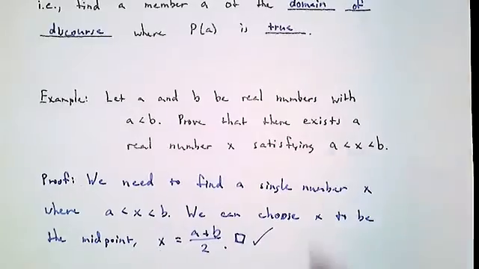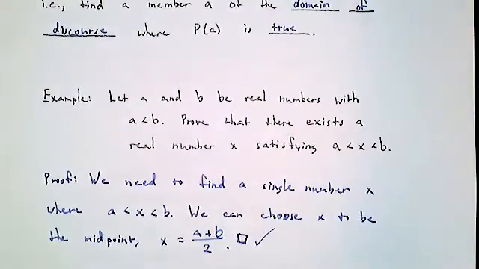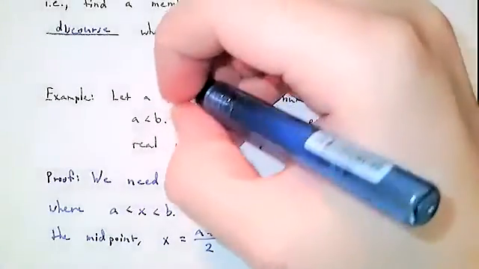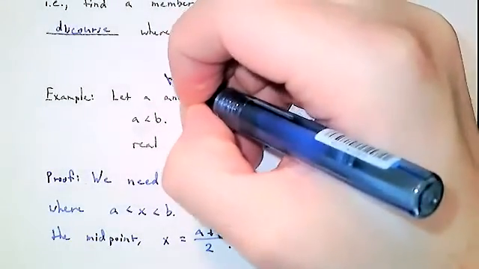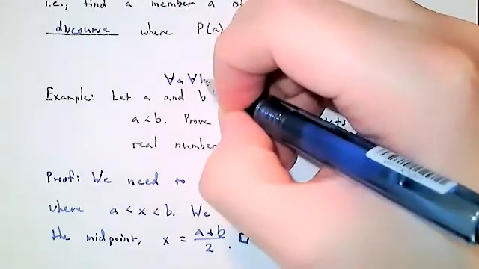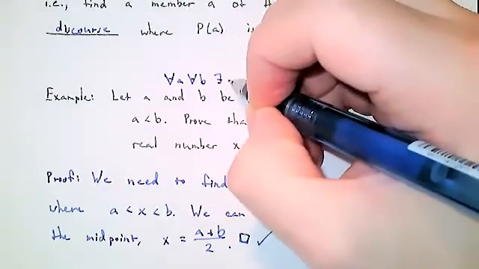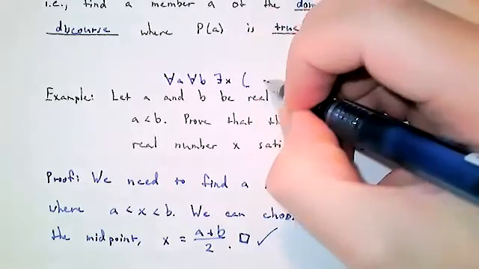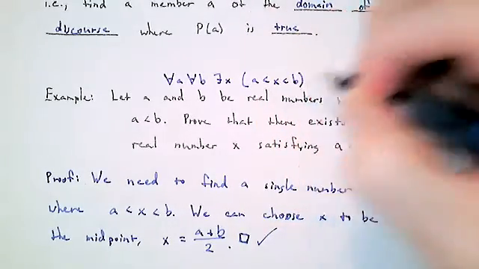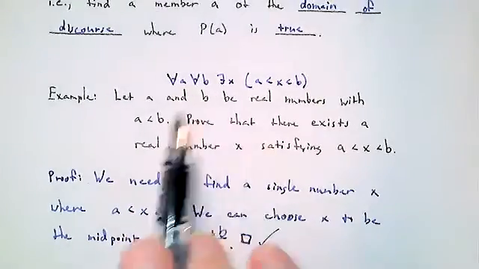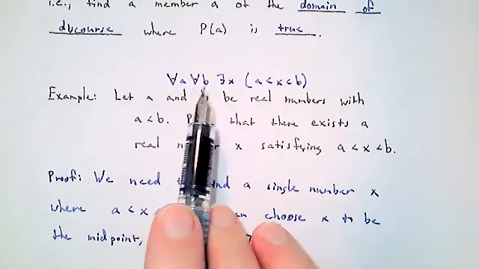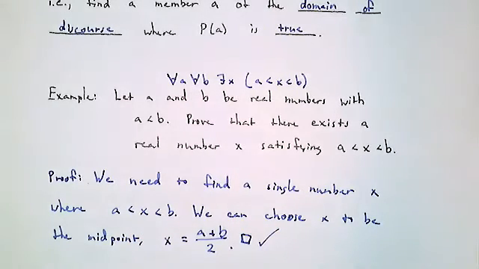And if we're being super attentive to the symbolic logic of what we're doing, this statement is actually this one. It says for all A and for all B, there exists an X where A is less than X is less than B. So this theorem is actually a triple nested quantifier kind of in disguise.